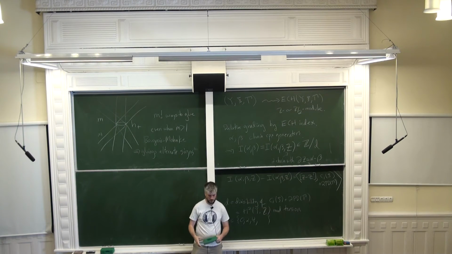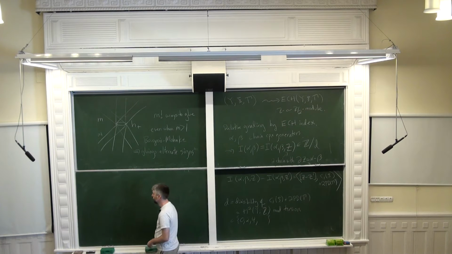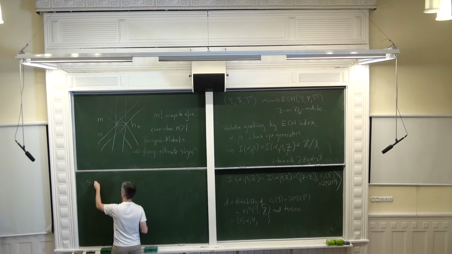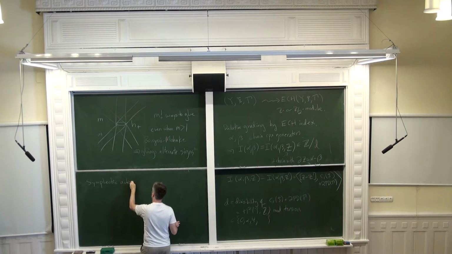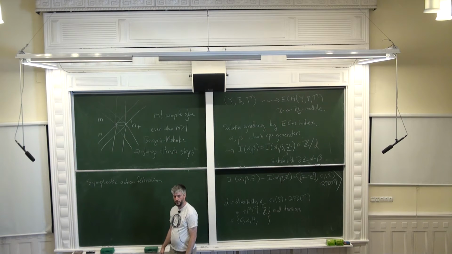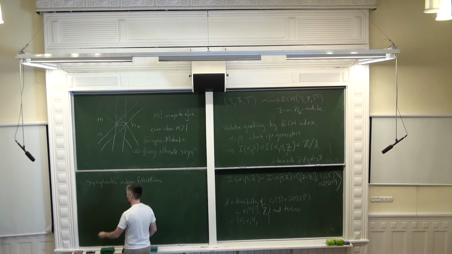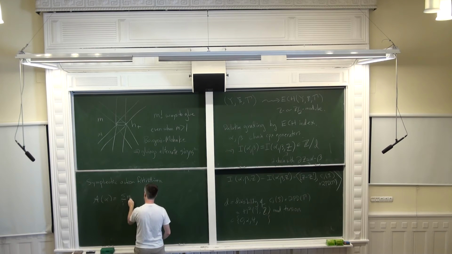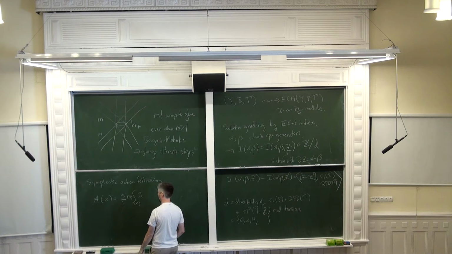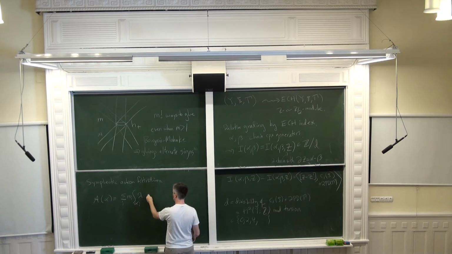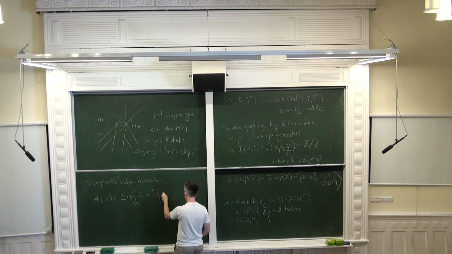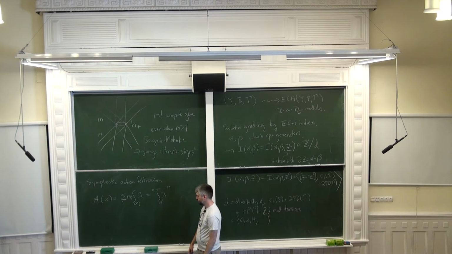There's also a symplectic action filtration. So as I mentioned before, you can define the symplectic action of a generator to be the sum over i of m_i times the integral over alpha_i of lambda. Or we could write this a little more concisely as the integral over alpha of lambda.